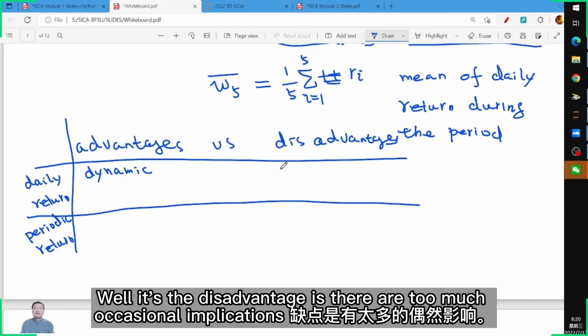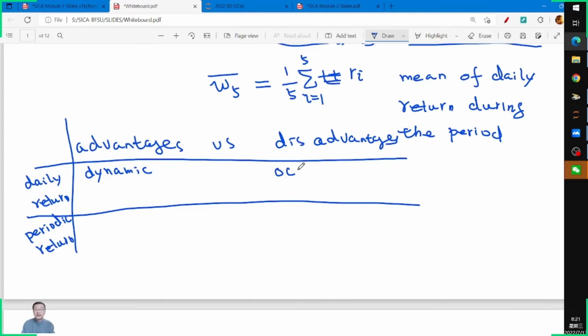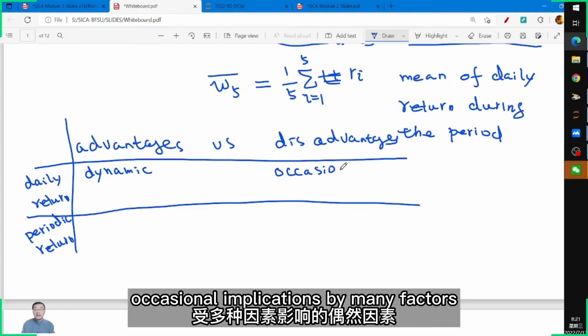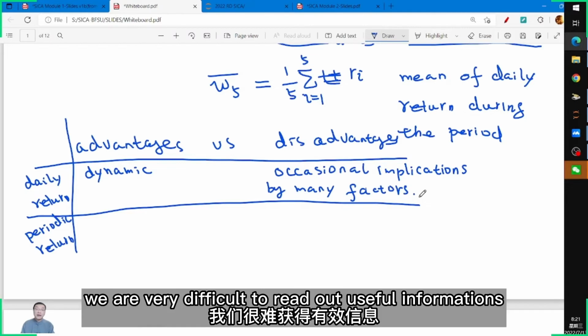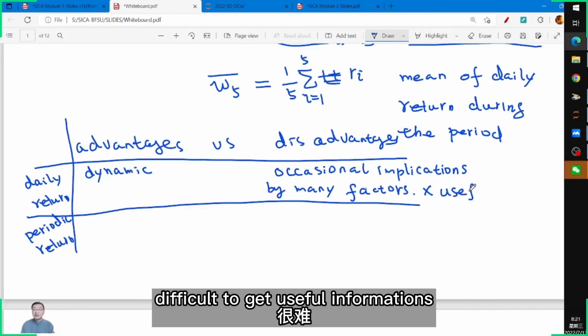Well, its disadvantage is there are too many occasional influences by many factors. In this way, it is very difficult to read out useful information.